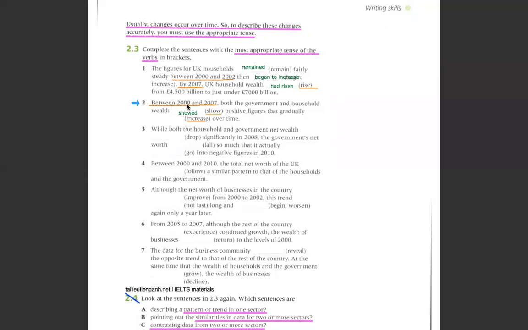We're still talking about between 2000 and 2007. So household wealth showed positive figures and gradually increased over time. So again, just a past simple here.